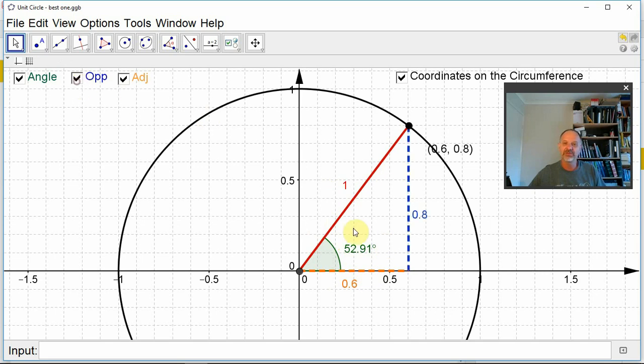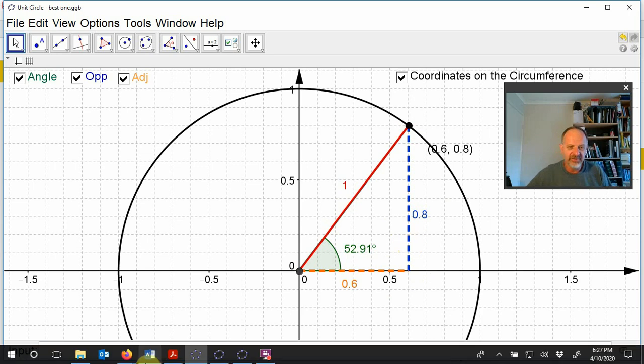And the same, the opposite and hypotenuse, remember they are sine. So here's our opposite, this blue one, which is the y coordinate, and the length of this side here, which is opposite, is the sine. And in a unit circle, that length there is the sine.